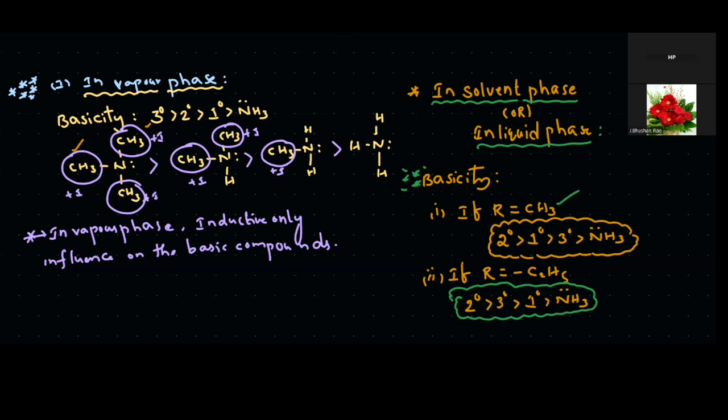First, if R equals CH3. First, a CH3 group is attached to the primary amine.